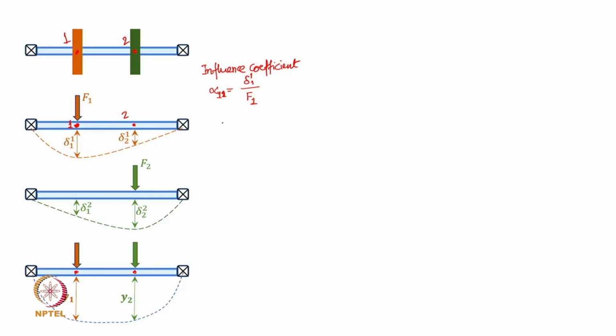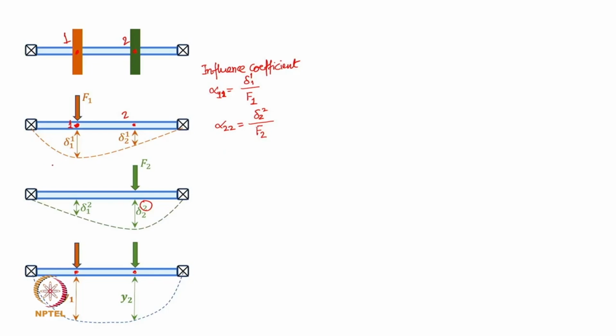And on similar lines, obviously I can define the alpha 2 2 influence coefficient as delta 2 2. Please mind you that this is not a square, okay, it is simply referring to the location per unit force applied at location 2, and the most important part is that all other forces are 0 except that force. Okay.